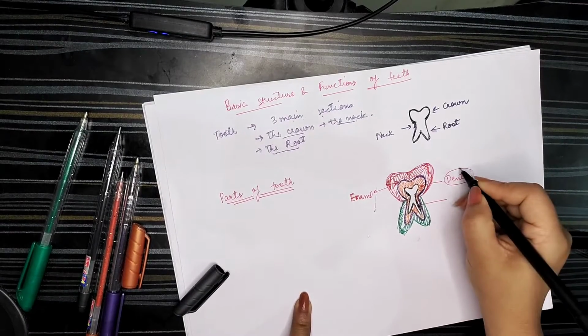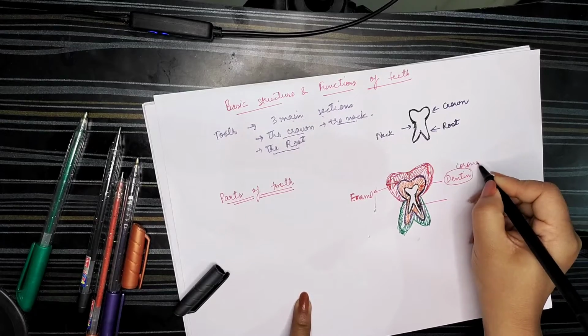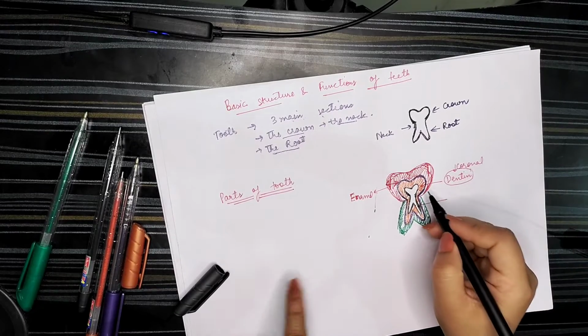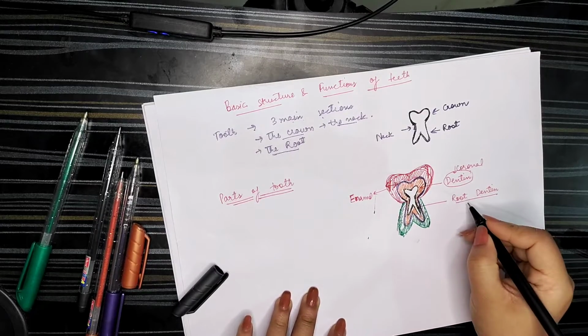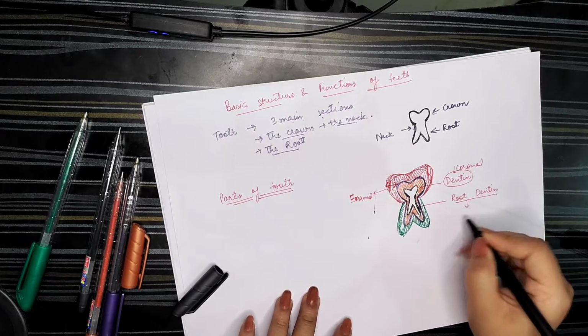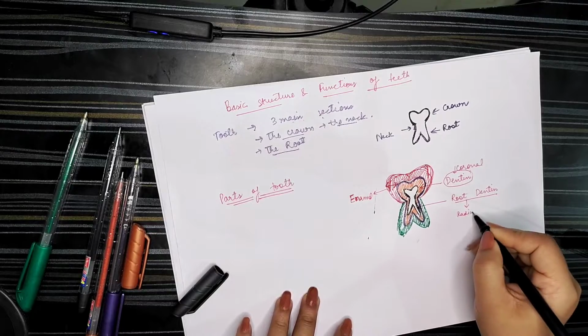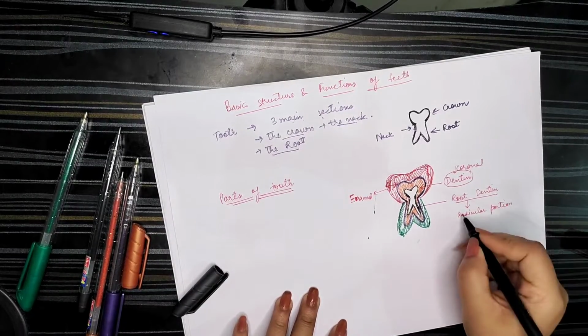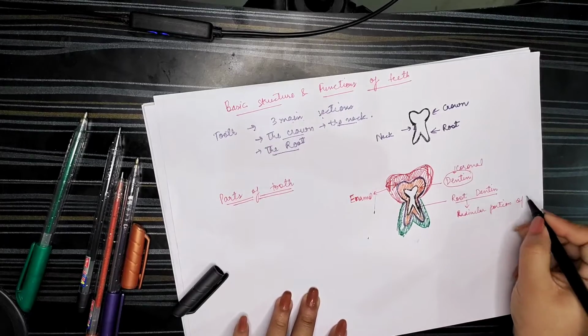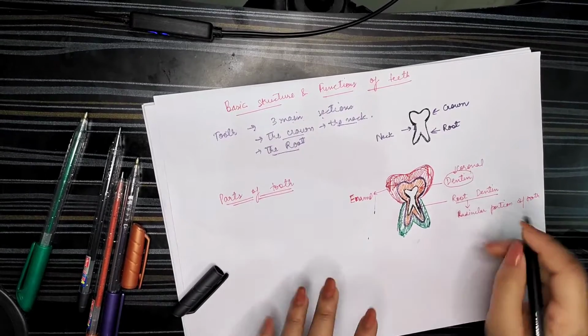So this dentine is coronal dentine because it is inside the crown, and this is the root dentine because it is in the radicular portion of tooth. Radicular portion of tooth, also known as root portion.